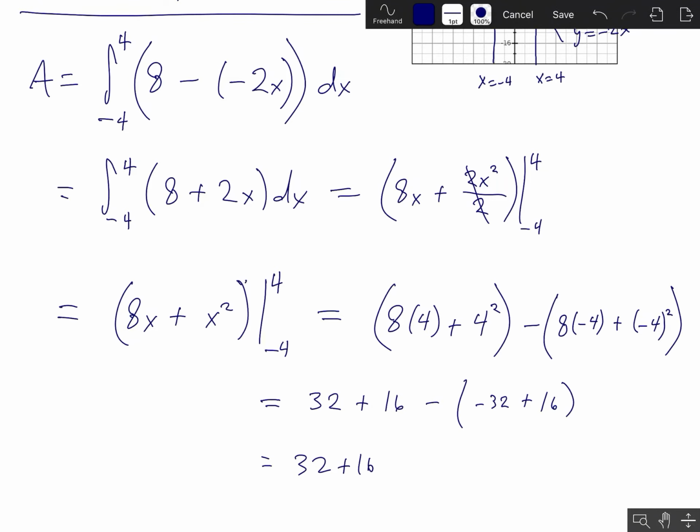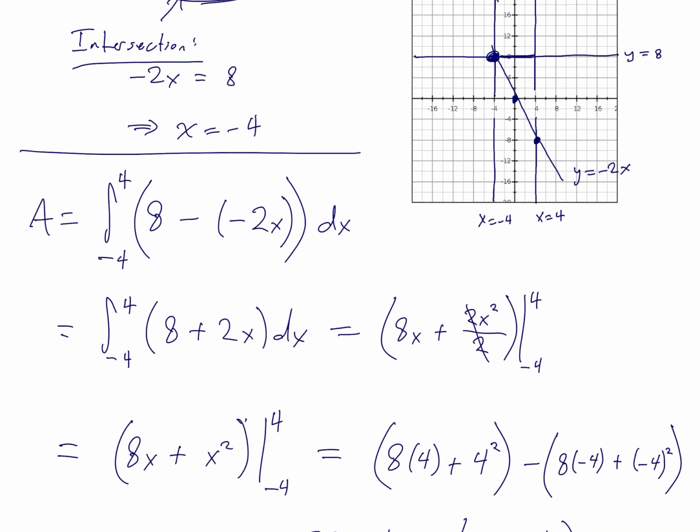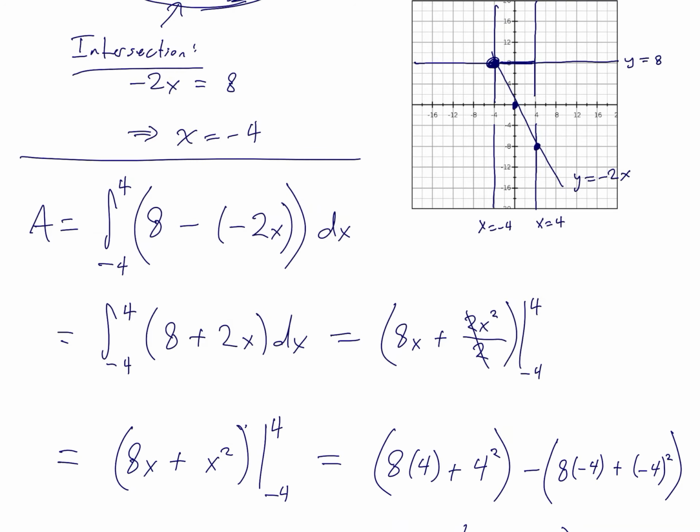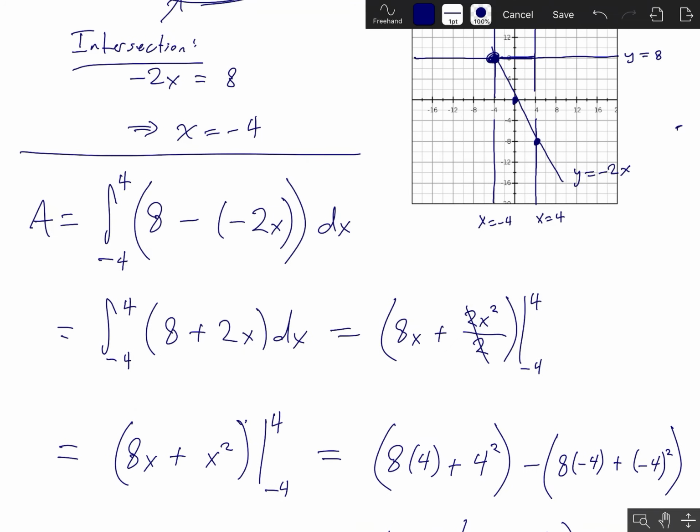So that would be 32 plus 16 minus -16 on the inside of the parentheses. So that's 32 plus 16 plus another 16, that gives us 64 in total. So we'll have 64 square units of area in this triangular region. And by the way, that makes sense because if you want, you can compute this area.